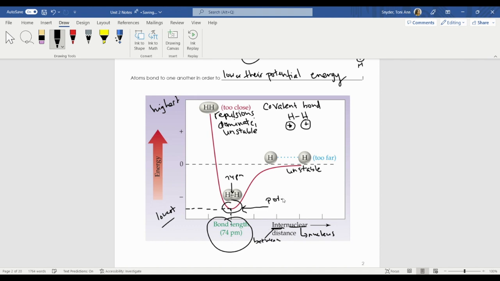So we'll say here, potential energy is the lowest. And that corresponds to the bond length right here. So potential energy is the lowest. Bond length, 74 picometers. And that's all you really have to know about these types of graphs. You just have to know the bottom of the graph is where your bond length is going to be.